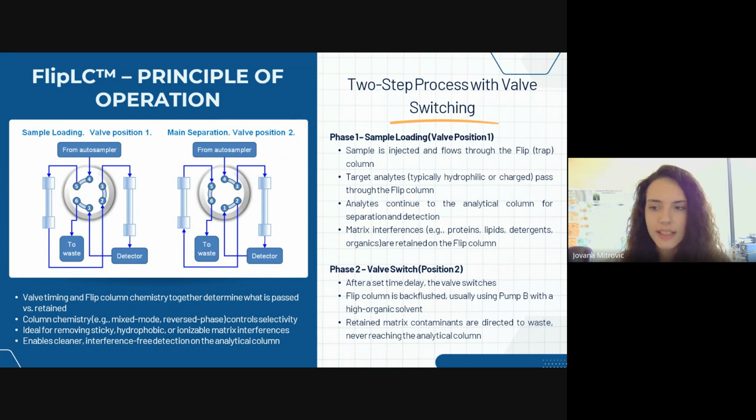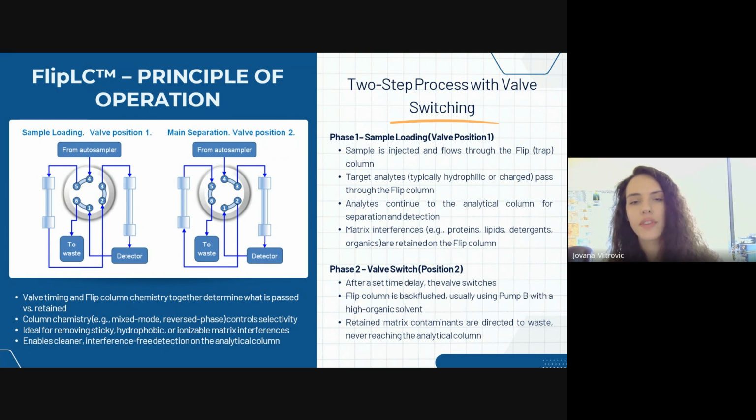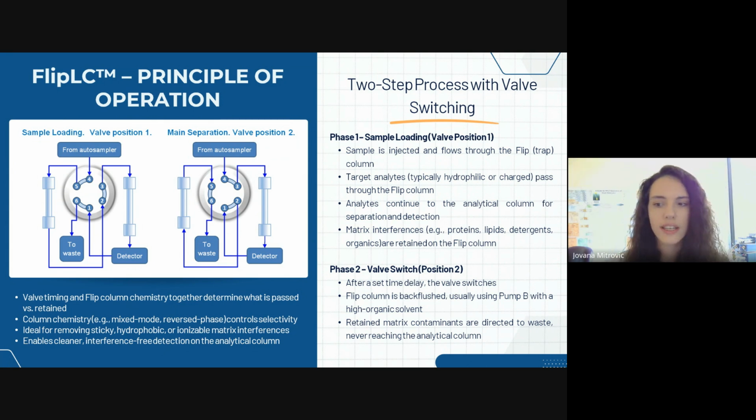At this point, the analytes are securely in the analytical column for reliable separation and detection. Because of this valve switch, no material from the flip column flows forward into the analytical column. Instead, the mobile phase now flows backward through the flip column while still flowing in the normal forward direction through the analytical column for analysis.